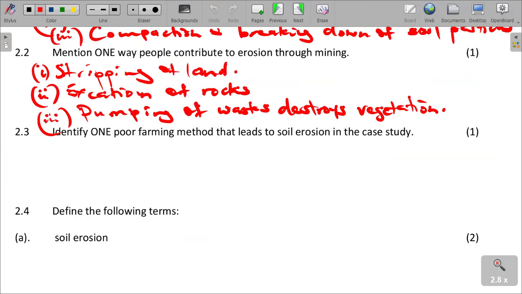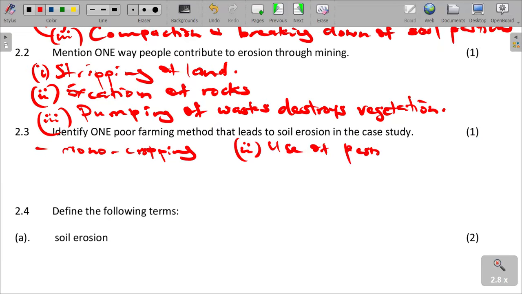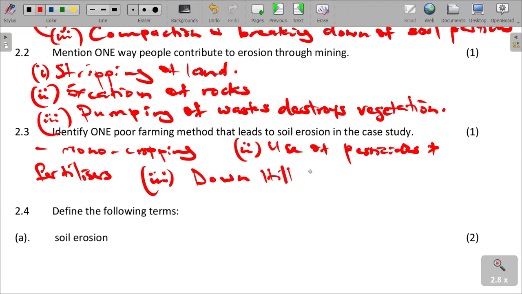So these can be those methods that we are mentioning here: monocropping, use of pesticides and fertilizers, and then we can also talk about downhill farming, which we can say is stream bank cultivation as well.